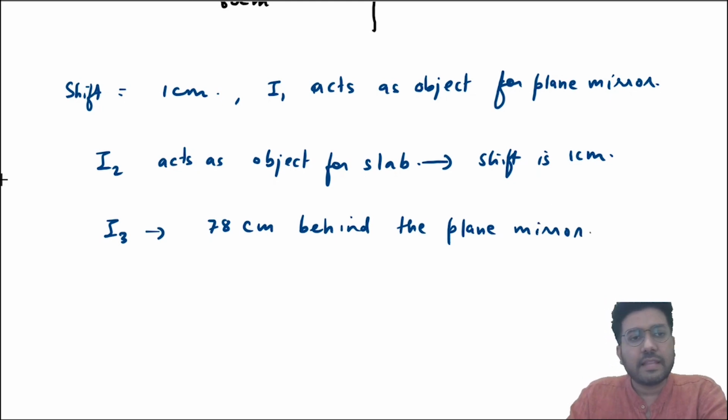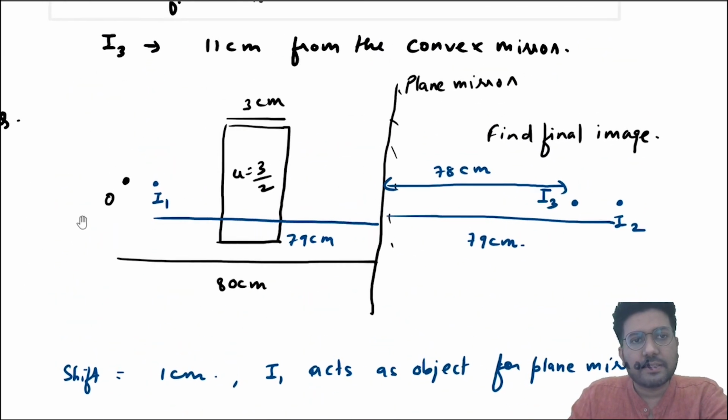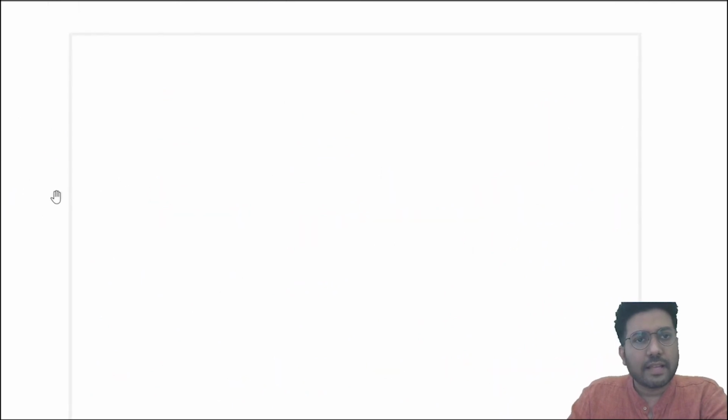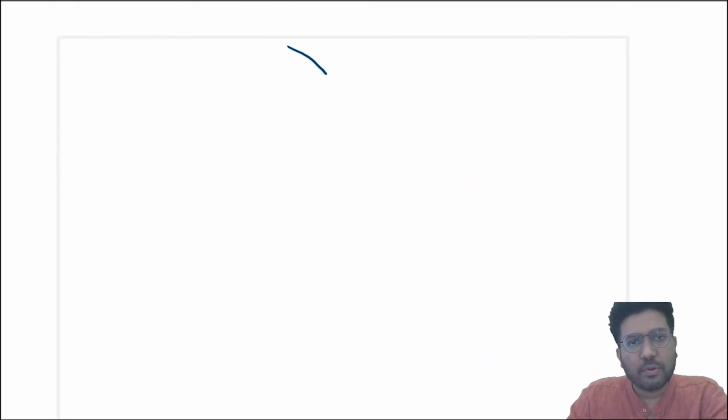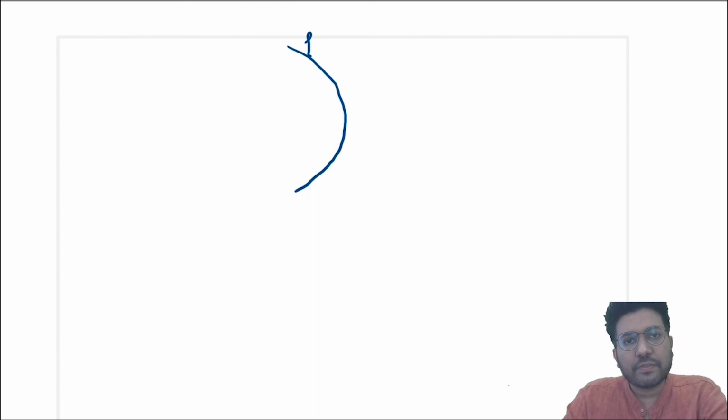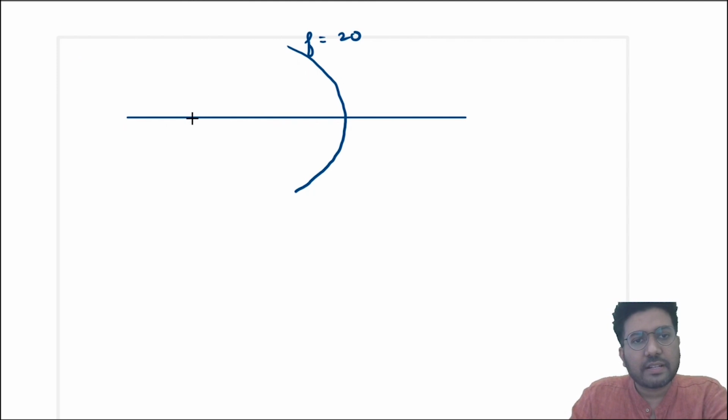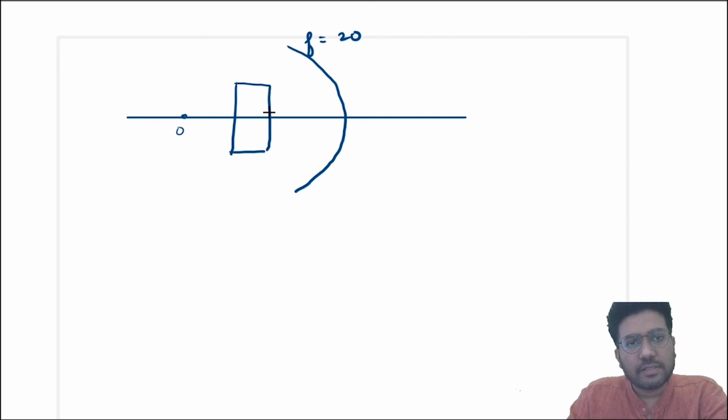Okay. Then the next thing that we can do here is, like this also they can ask you the question. Suppose this is f is equal to 20 and this is the object, and this is the slab, 3 centimeter, 1.5 mu, so that the data remains same.